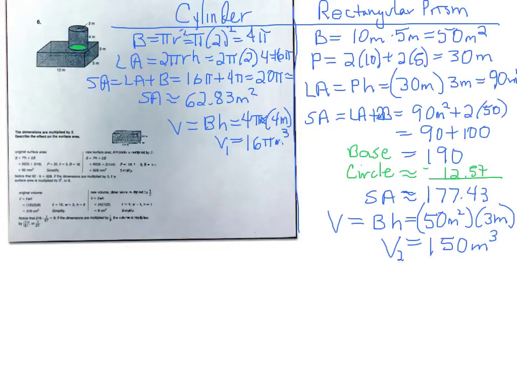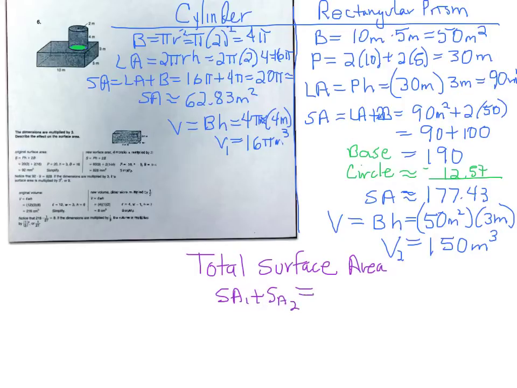So now let me get the total surface area of the composite figure. The total surface area is surface area 1 plus surface area 2.